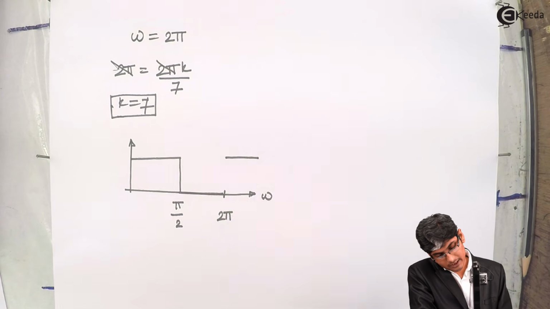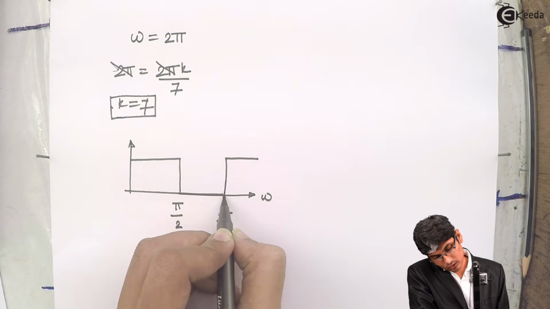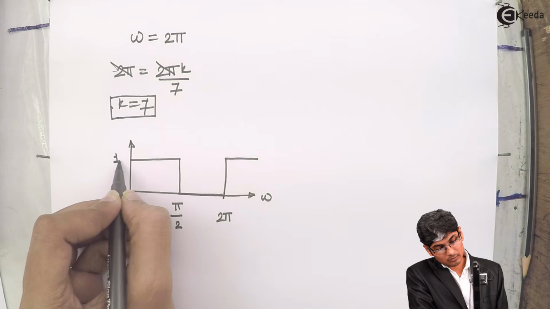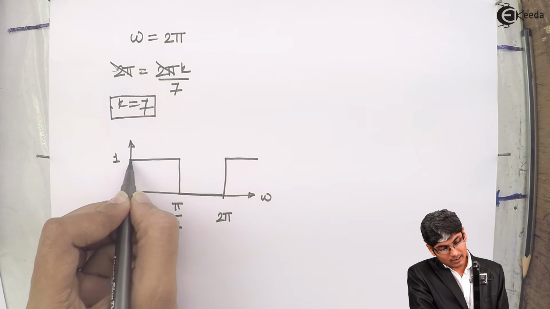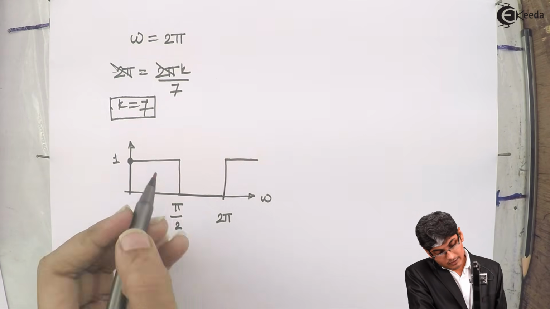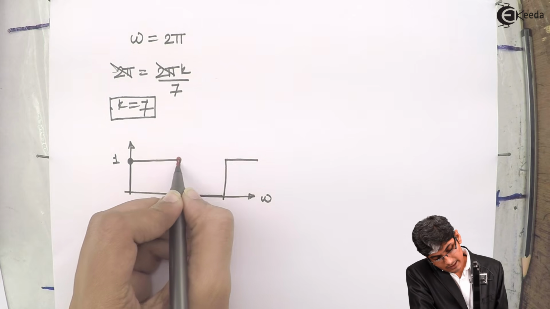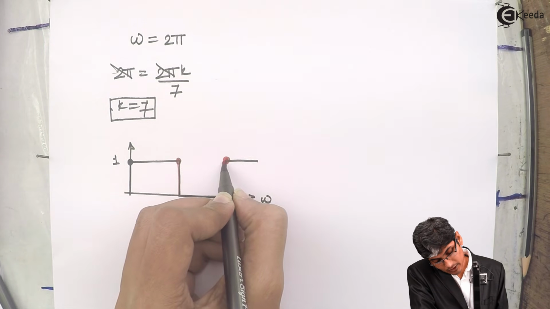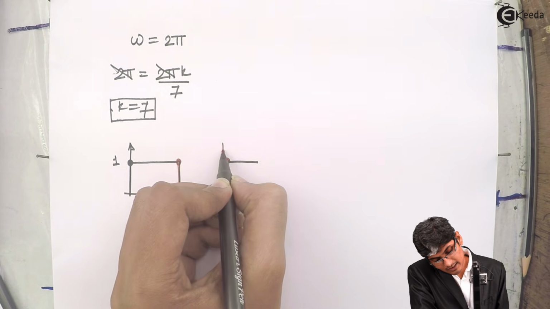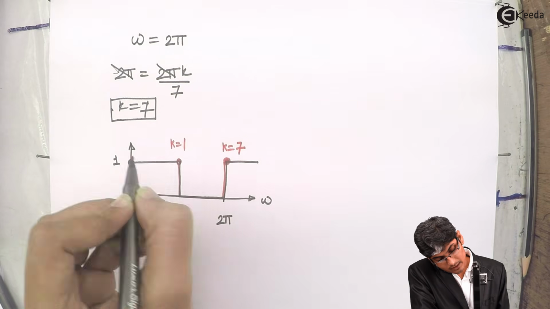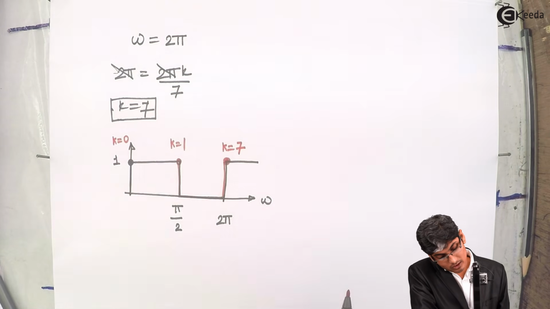At 2 pi I will have the value going back to 1. So this is my 1, right? So I have one sample at this value. Let's draw with some other color. Then I have another sample at this point, and I have the 7th sample at this point. So this is k equal to 7, this is k equal to 1, and this is k equal to 0.